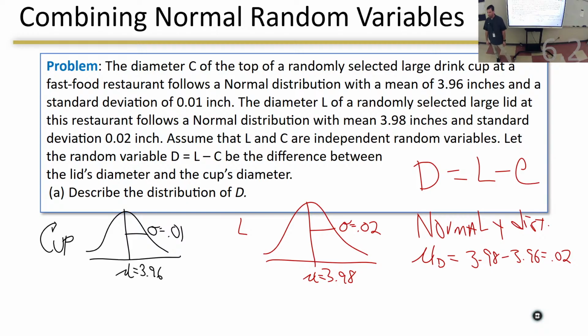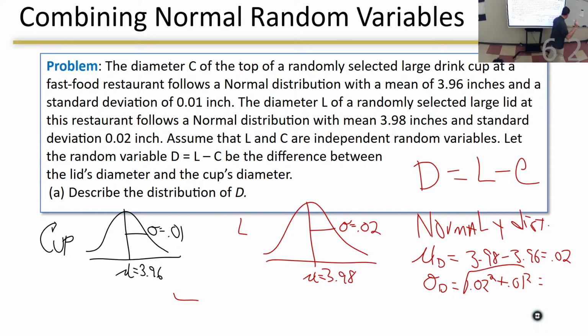So I got a center at 0.02 and a standard deviation of the difference of 0.02 squared plus 0.01 squared, square rooted. And then you got a calculator that does all that. Who has a question about this so far?